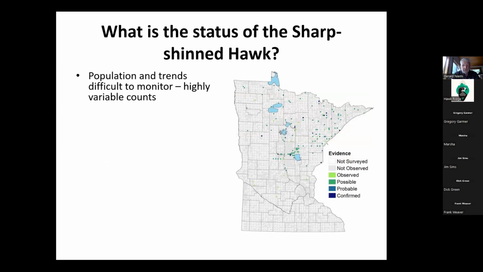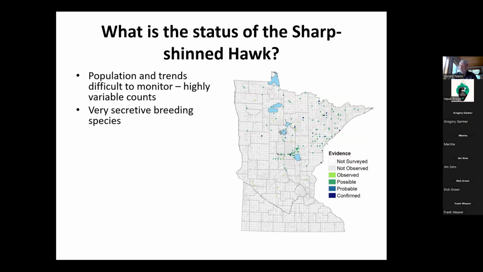So what is the status of the sharp-shinned hawk? Population and trends are difficult to monitor for the species. It's highly variable counts, and it's very, very difficult to do breeding counts of this species. It's a very secretive breeding species.